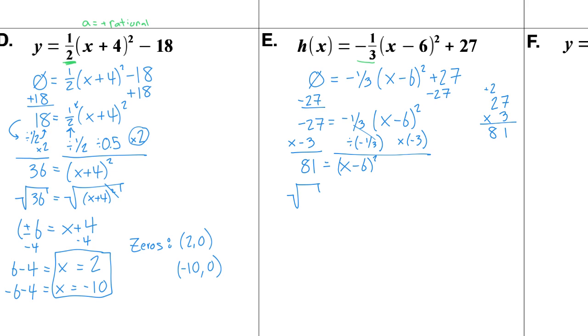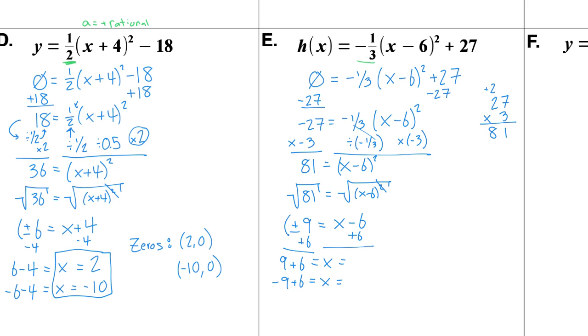We're going to square root both sides to get rid of that exponent. Boom, just like that. We get positive and negative 9 as our roots there. Then we have x minus 6 over here. We add 6 to both sides, working with two numbers. So we have 9 plus 6 equals x, or negative 9 plus 6 equals x.